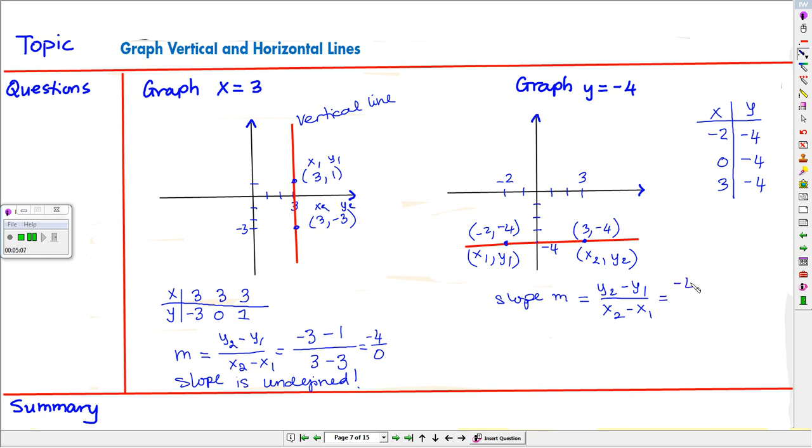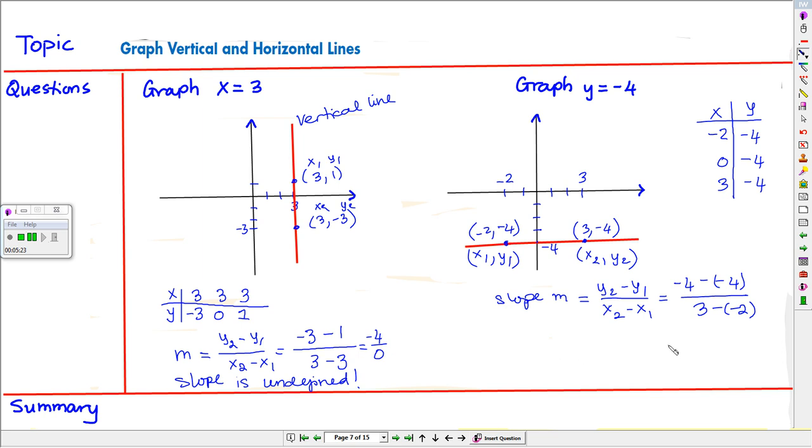Our y2 will be negative 4. Our y1 is still negative 4, so minus negative 4. Our x2 is 3. Our x1 is negative 2.